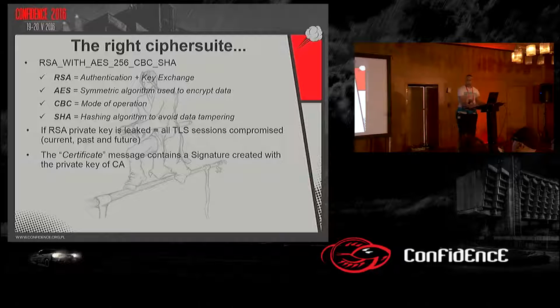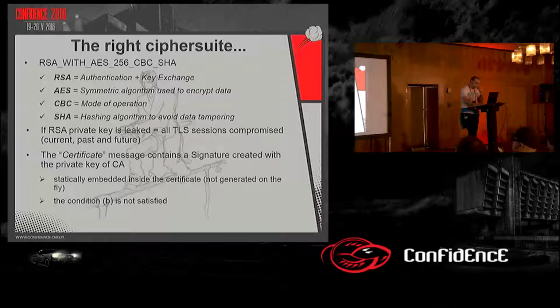But unfortunately, the signature is exposed inside the certificate TLS packet, but the signature is created with the private key of the certification authority, and it is statically embedded inside the certificate, so it is not generated on the fly.